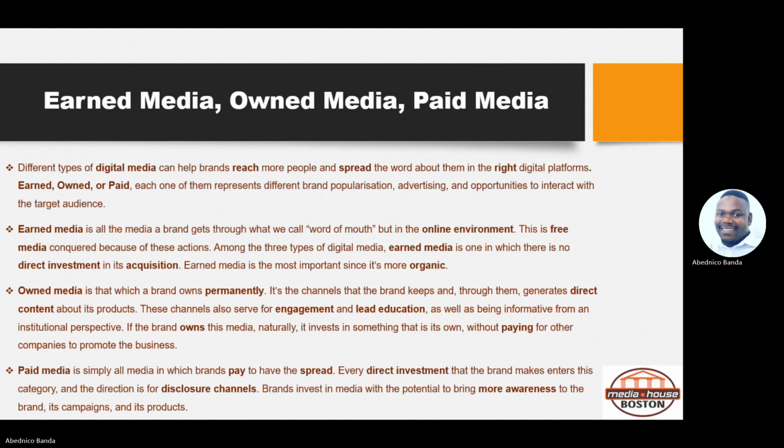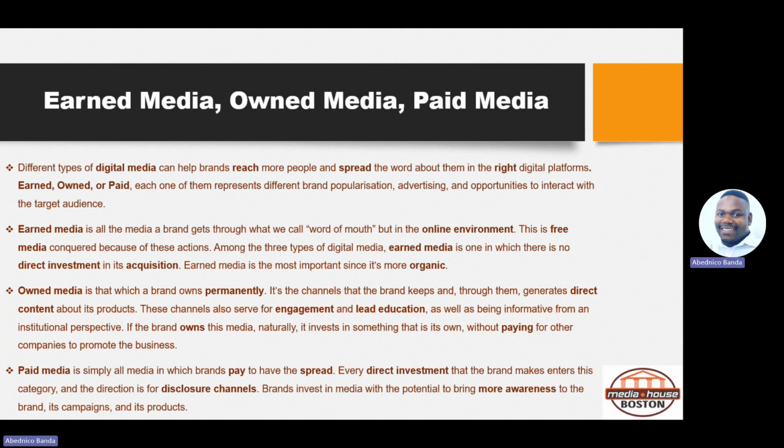Okay. So different types of digital media can help brands reach more people and spread the word about them in the right digital platforms. And owned or paid, each one of them represents a different brand popularization, advertising, and opportunity to interact with the target audience. So earned media is the same with what you have heard in communities when people say respect is earned.